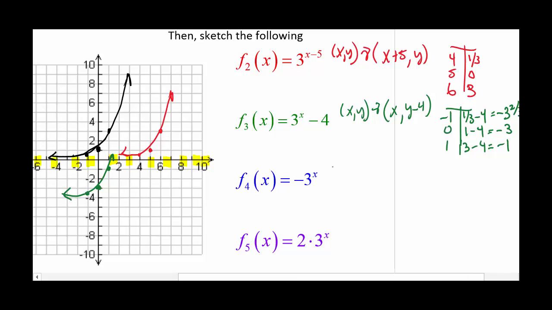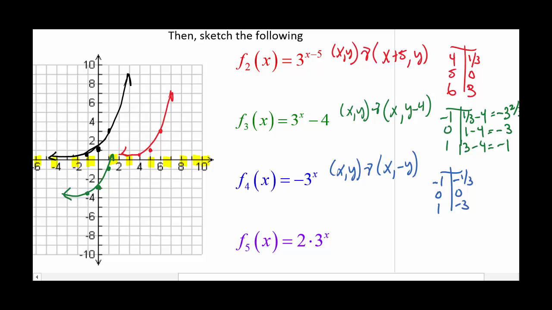All right, next one. What does that negative out front change? It's outside, so that's going to change the y's. So all of my x's stay the same, and the y's are now opposite. So come over here.